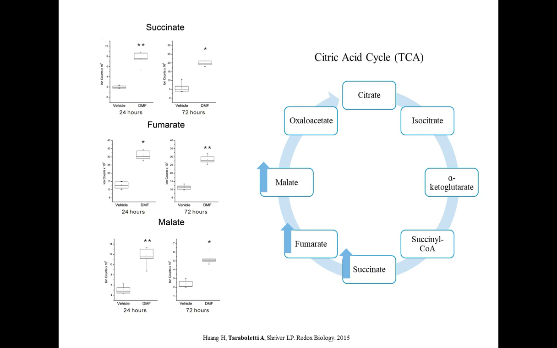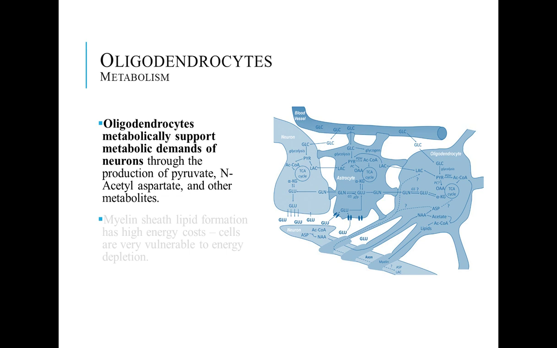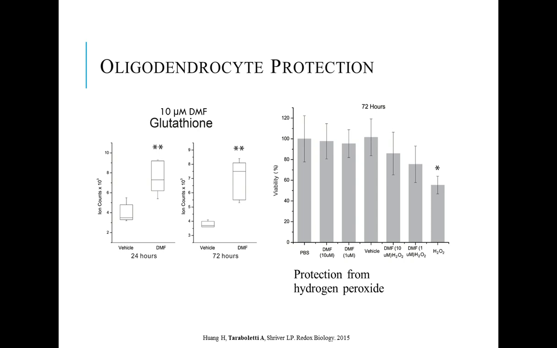And this is important because, as I keep stating, oligodendrocytes have high metabolic demands, and these TCA intermediates are crucial to their function. You can see the positive impact of the drug using metabolomics on the cell line. You also see the protection through upregulation of glutathione.